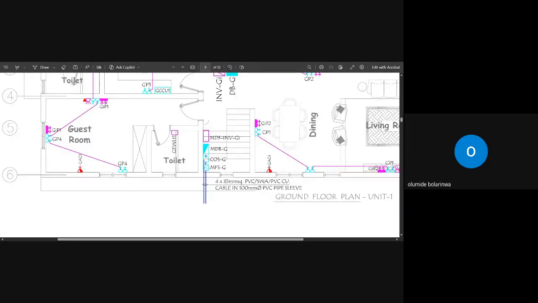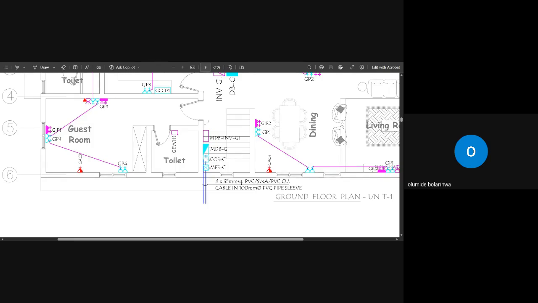This main distribution board is like a panel also, but it is not like that one I showed you in the picture that Mr. Jamiu projected. It's like a DB, but that DB is very big. Now, that DB will be on the floor. You've already connected now.